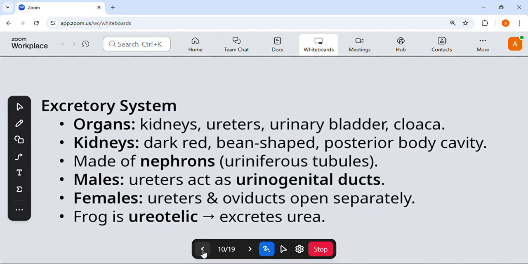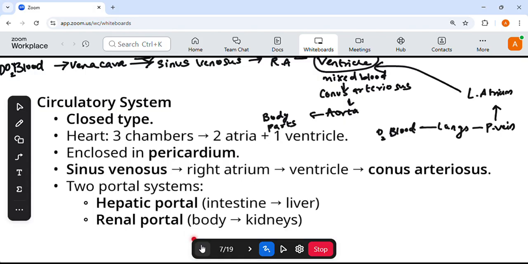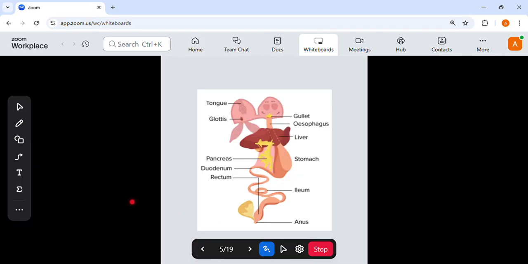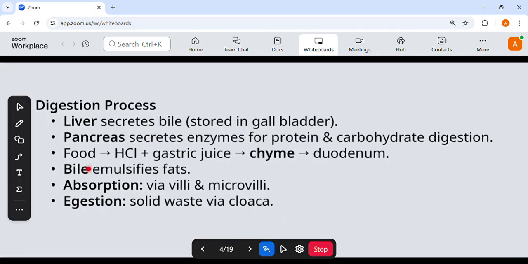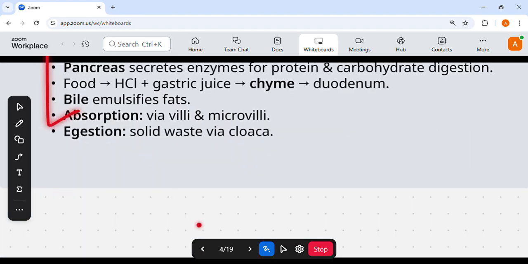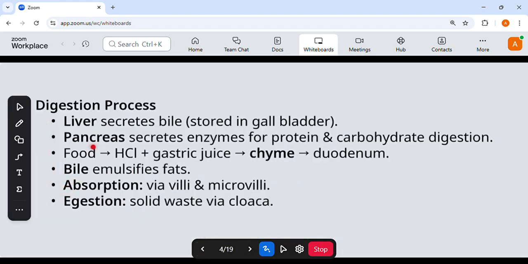So what we have seen till now, we have seen the digestive system. I'm just giving an overview quickly. The digestive system includes the alimentary canal and associated glands. The associated glands are liver and pancreas. Liver secretes bile stored in gallbladder. Pancreas secretes enzymes for protein and carbohydrate digestion.